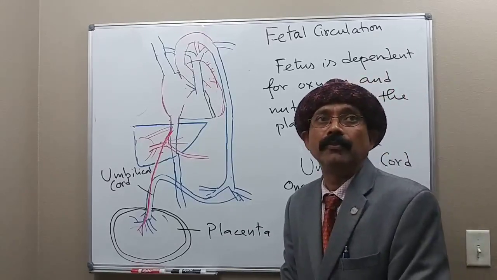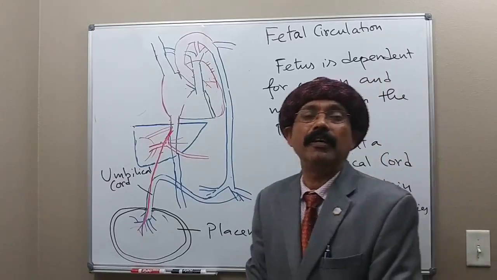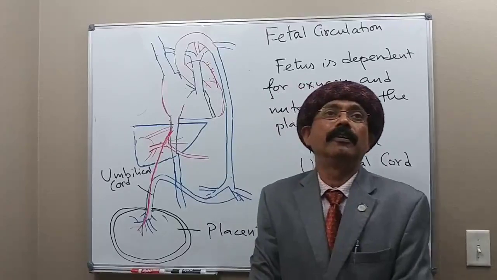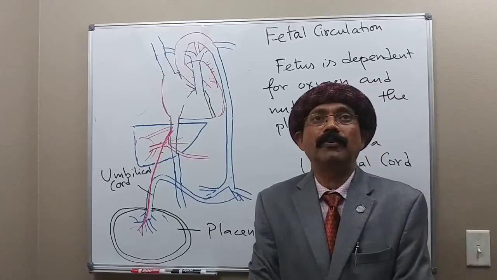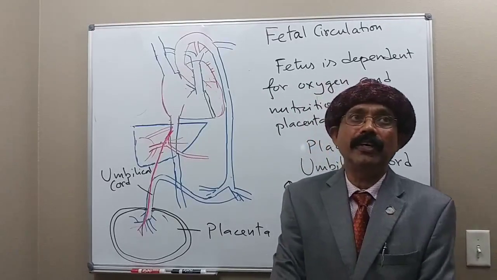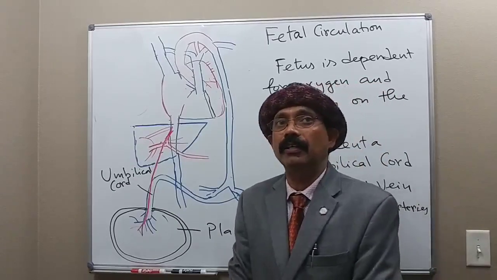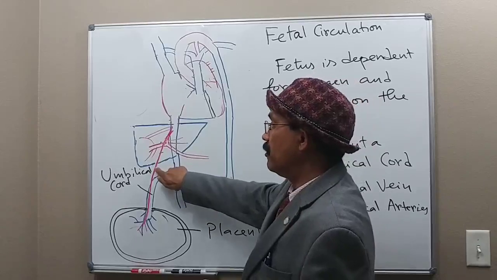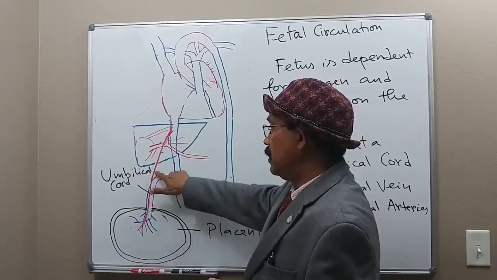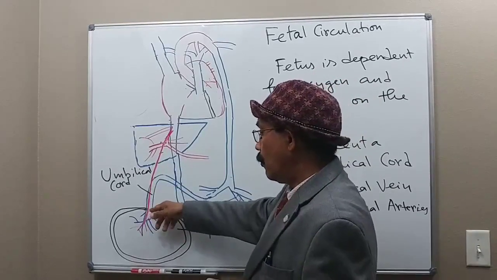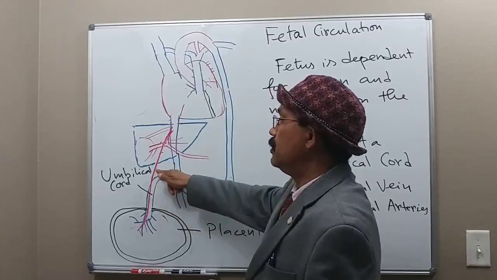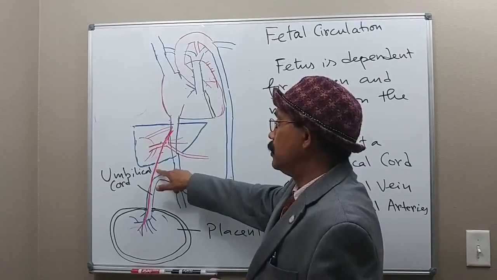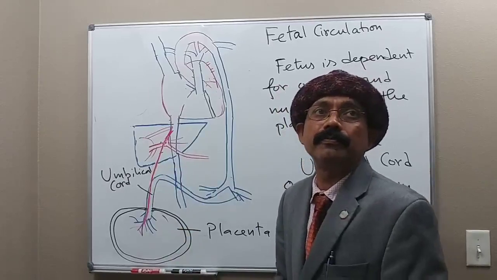Oxygenated and nutrition-rich blood from the placenta reaches the fetus via the umbilical vein. So we have one umbilical vein, and it carries oxygen-rich and nutrition-rich blood to the fetus.